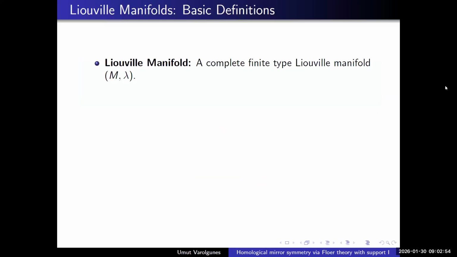Okay. So just some basic definitions first. By Liouville manifold, I mean a complete finite type Liouville manifold. Can you see this? Yeah. Okay, so this is the Liouville one form. Its exterior derivative is the symplectic form, and you can define a Liouville vector field.